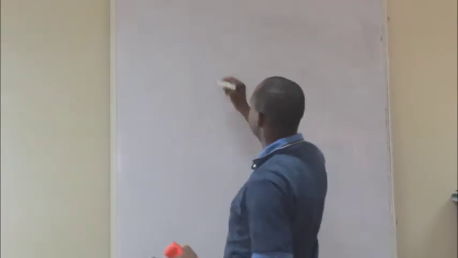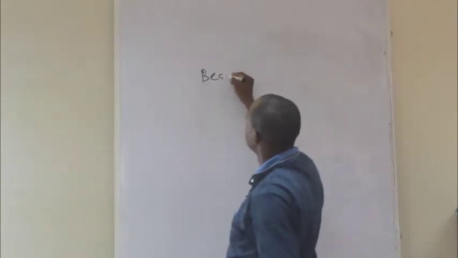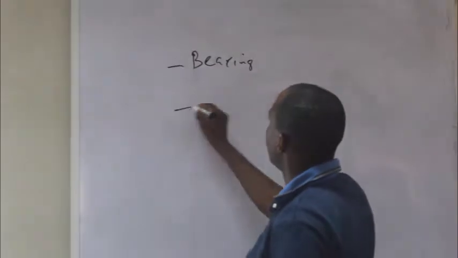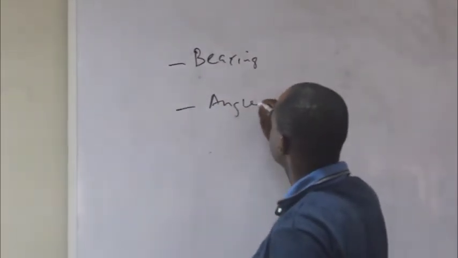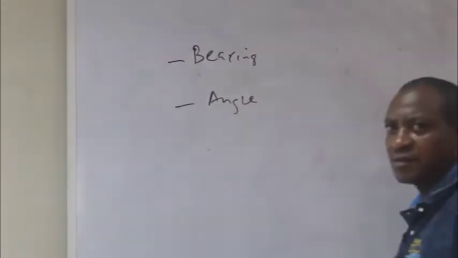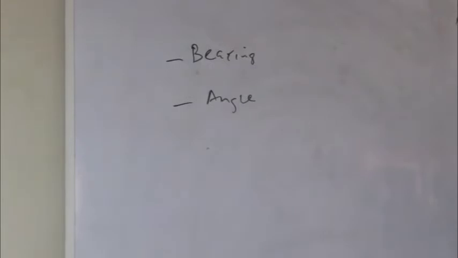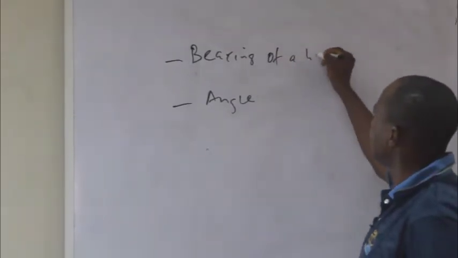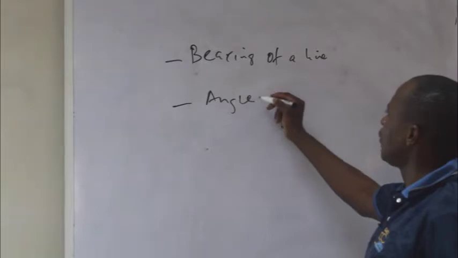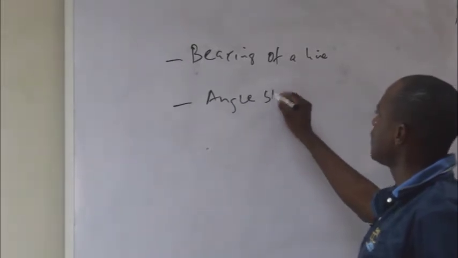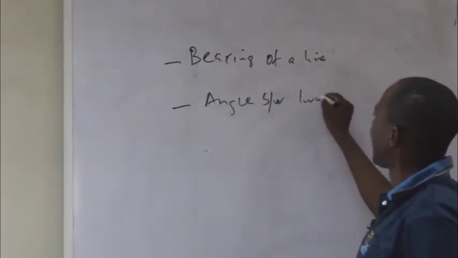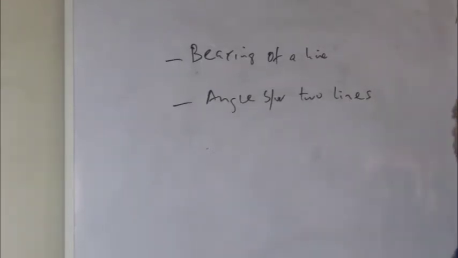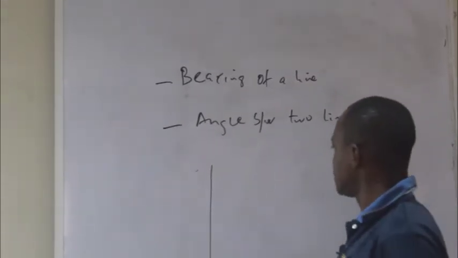When we talk about bearing, first you need to get the difference between bearing and angle. We normally term this the bearing of a line, while you measure an angle between two lines. Let's look at this for example.